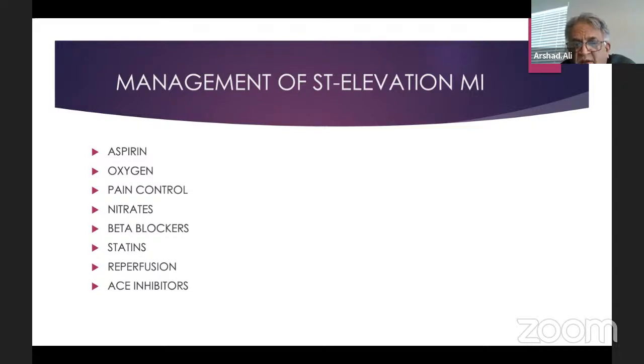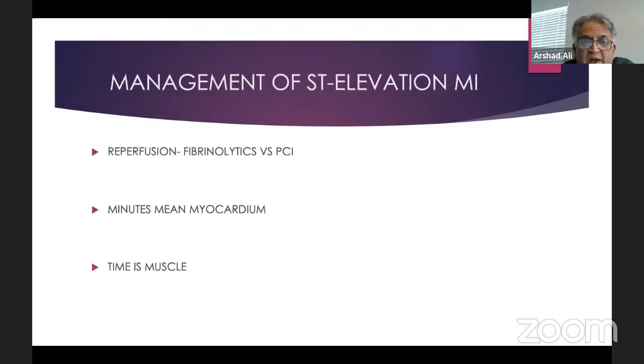But if they are above 90 and not dyspneic, try not to give them oxygen, because there are studies which show that people who have good baseline O2 saturation but were given supplemental oxygen, because of some sort of oxygen toxicity, actually had higher troponin leak as compared to the people who did not get oxygen, which indicates that there might be a higher burden of myocardial damage.